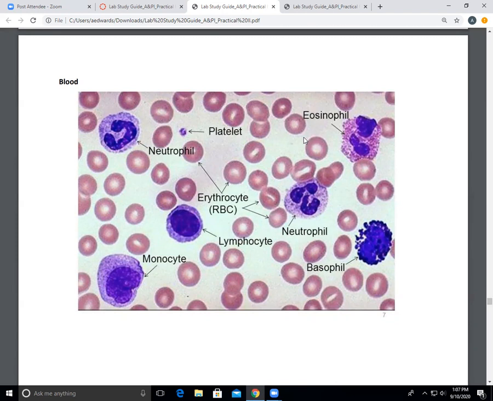Most of these little red circles with the light spaces in the middle are red blood cells, or erythrocytes. They carry your oxygen. This little dot here is a platelet. The other cells are white blood cells, different kinds of white blood cells.